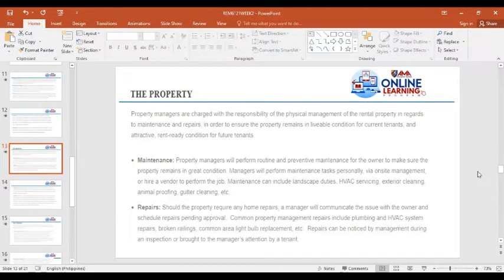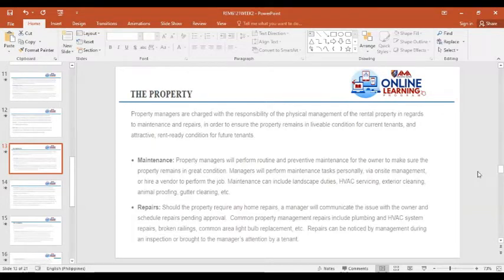Next is the property. Property managers are charged with the responsibility of the physical management of the rental property in regards to maintenance and repairs, in order to ensure the property remains in livable condition for current tenants and attractive, rent-ready condition for future tenants.